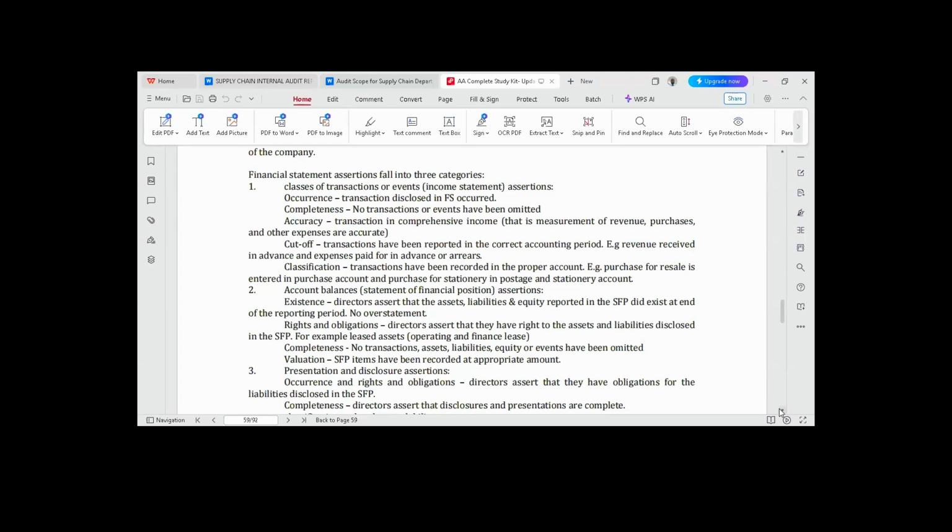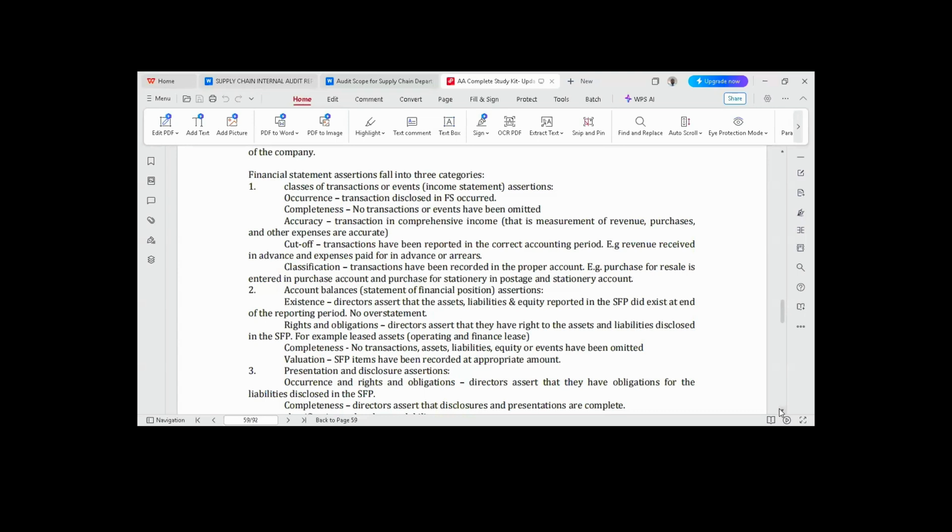The auditor will check it with the goods received note, to see if you bought the item as claimed. The auditor will see that they have attached what is called a goods received note. What's the essence of the goods received note?